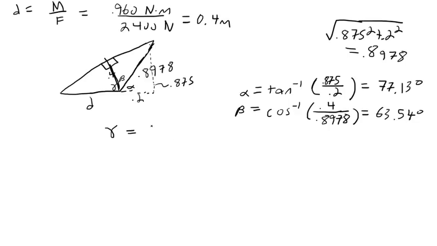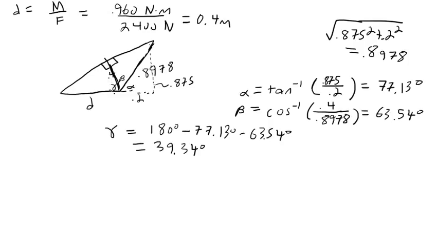So gamma is going to be 180 degrees minus 77.13 degrees minus 63.54 degrees. 180 minus those two angles is 39.34 degrees.